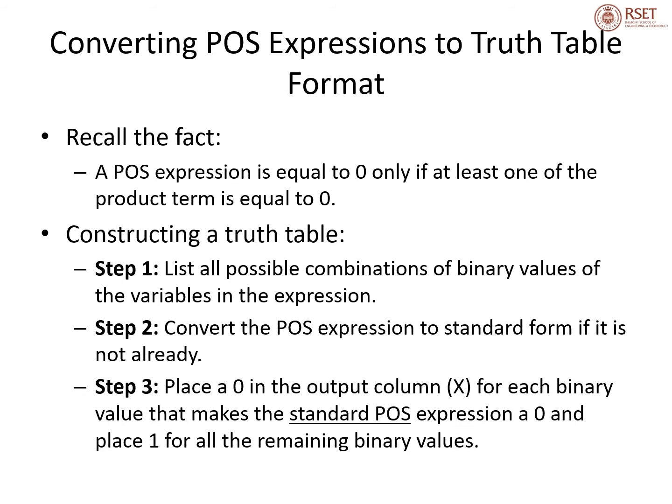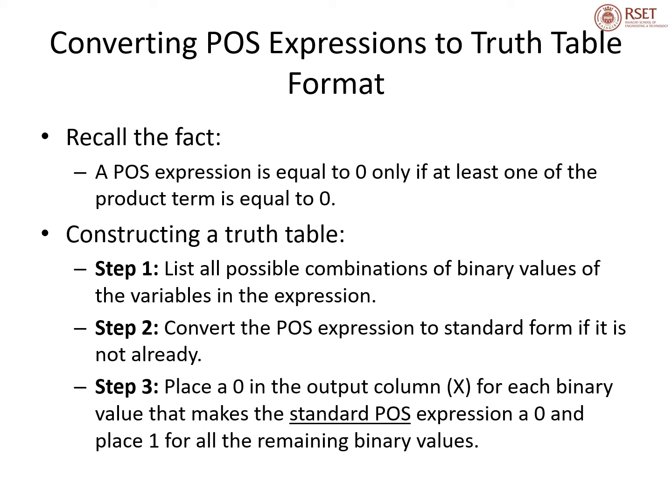Now converting POS expression to truth table format. In this case, we have to remember that a POS expression is equal to 0 only if at least one of the sum terms is equal to 0. Similar to the previous case, for the construction of the truth table, as a first step, list all possible combinations of binary values of the variables in the expression.